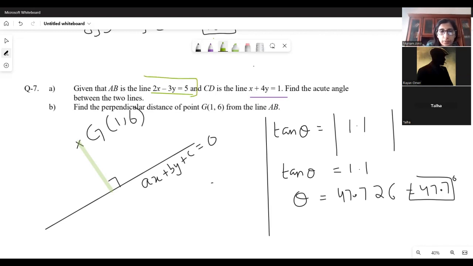How do I rearrange AB in this form? You just bring 5 to the left hand side. So it's 2x minus 3y minus 5 is equal to 0. Now let's apply the formula.